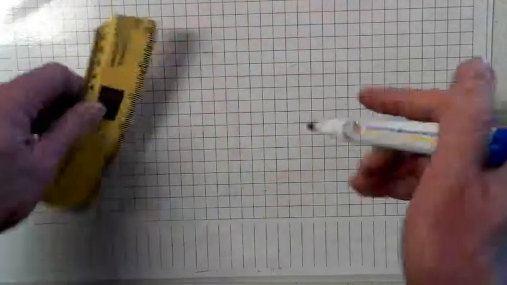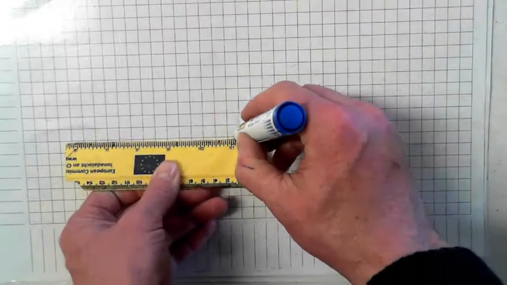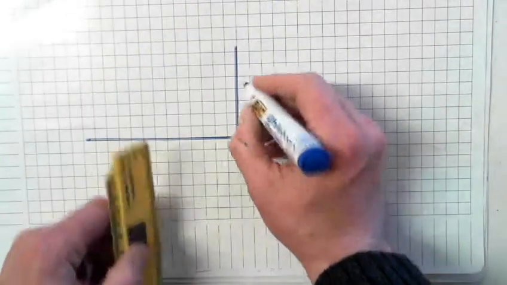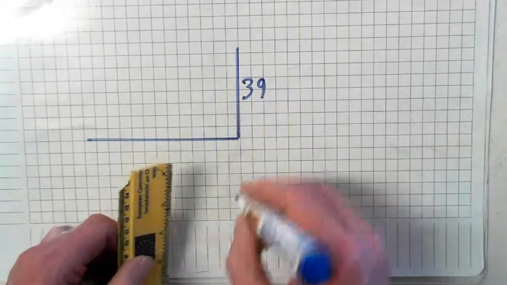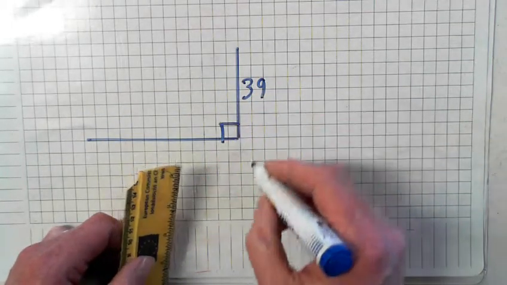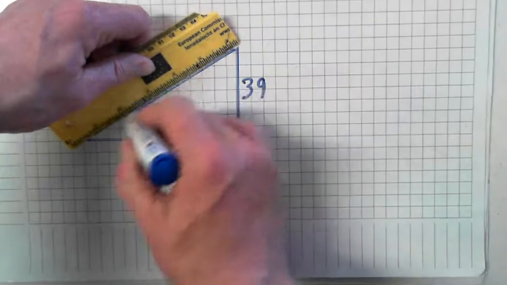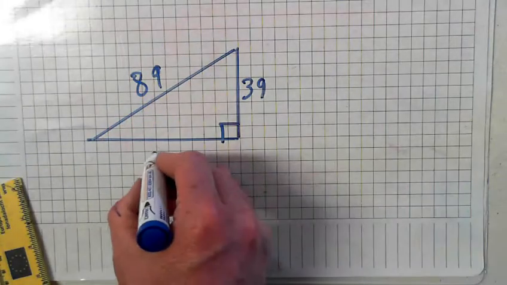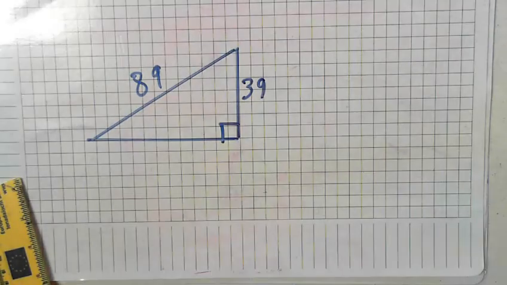Right. So if I give you an example to do. The length of that side is 39. The length of the hypotenuse is 89. To get the length of this side, obviously this is the hypotenuse, so this is the bigger field.